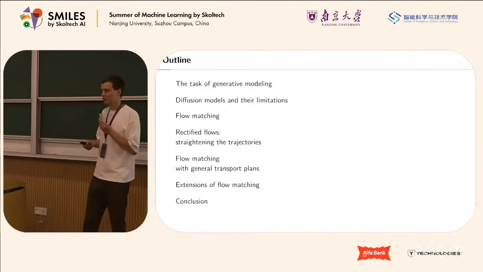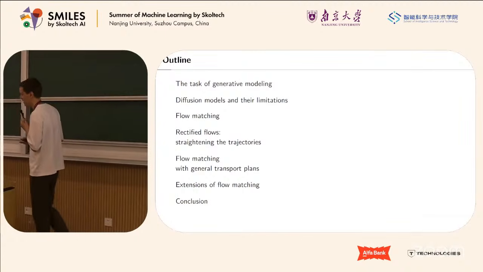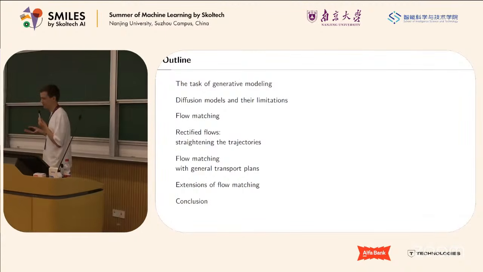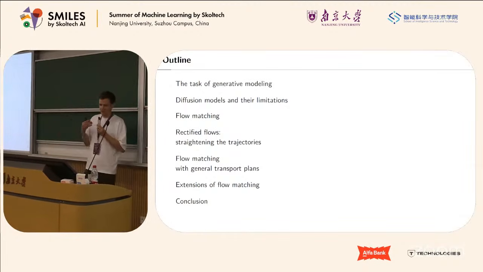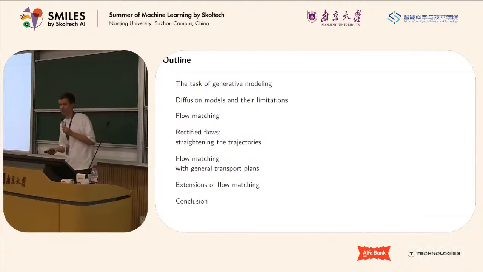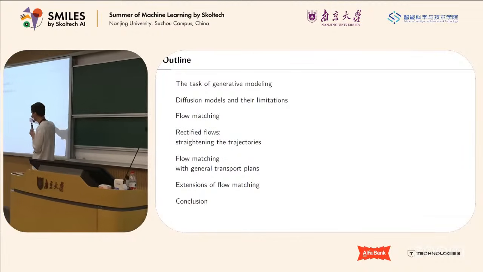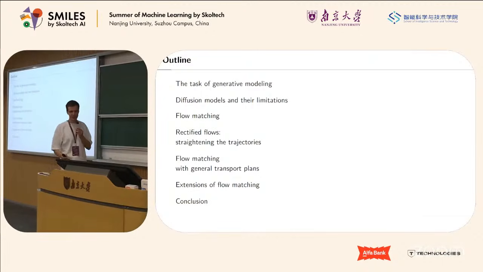Today we actually are not going to talk about standard diffusion models, but we are going to talk about their extension, or maybe better to say, their particular case, which is very simple and easy and called flow matching. After a brief reminder about diffusion models, we will go to flow matching and some of its versions which allow us to obtain different properties of the obtained generative model: rectified flows, flow matching with general transport plans.